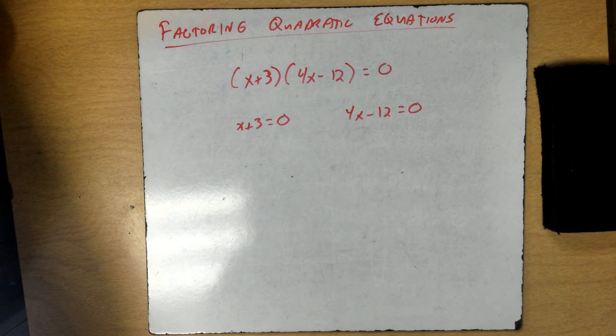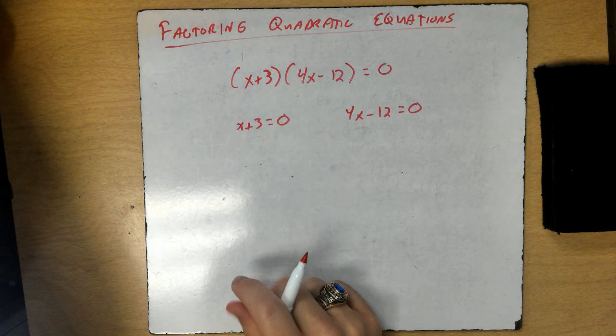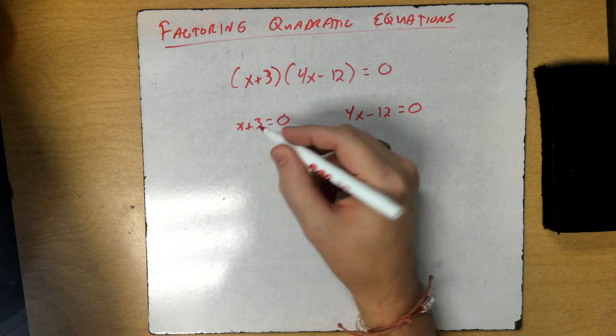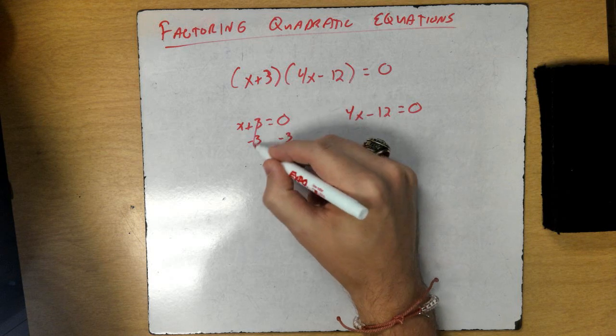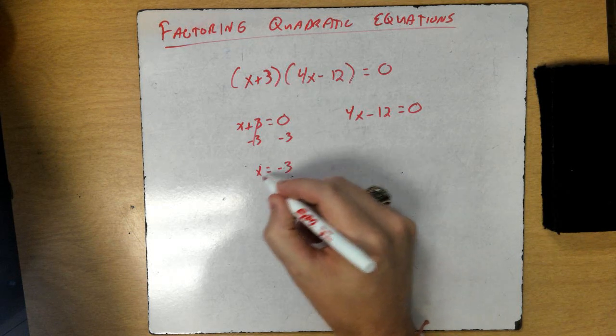So when we do that, now we're just going to solve for x on each little equation. On the left one here, it's a one-step equation. To get the x by itself, we have a positive 3, so we do the opposite, minus 3, cancel this out, and x equals 0 minus 3, which is negative 3.